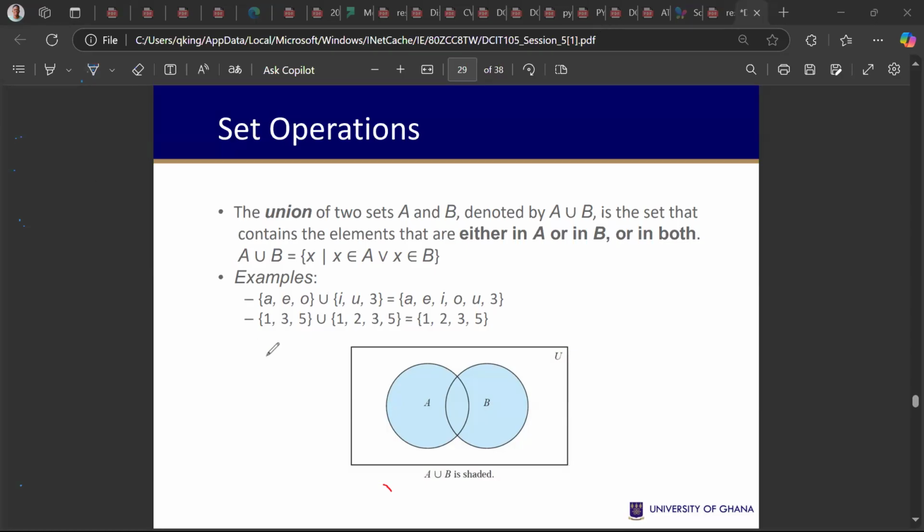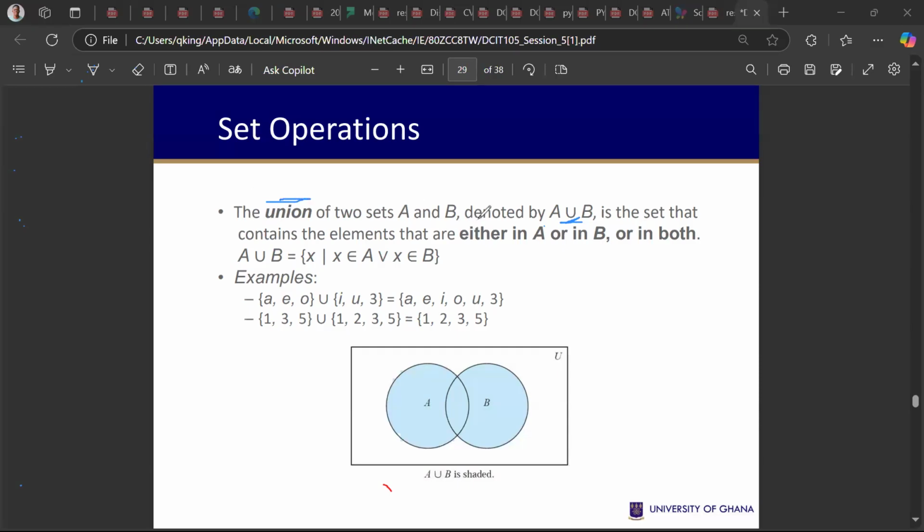Okay, so just as I was saying, in dealing with sets, the union of two sets A and B is denoted by this symbol here, which looks like a U. That is what the union is denoted by.